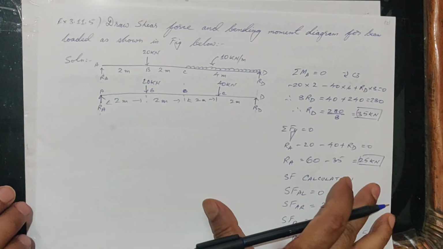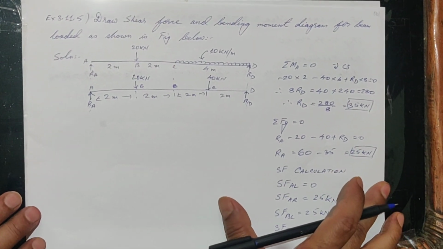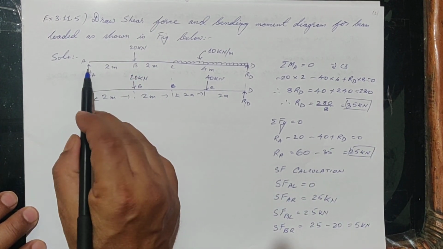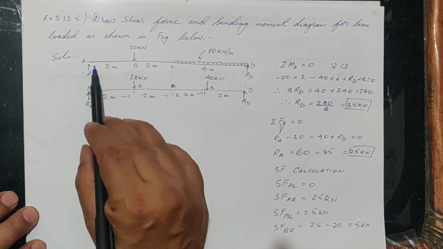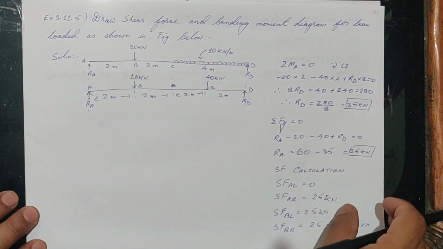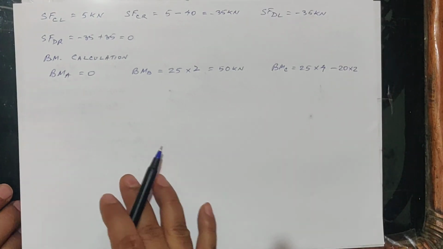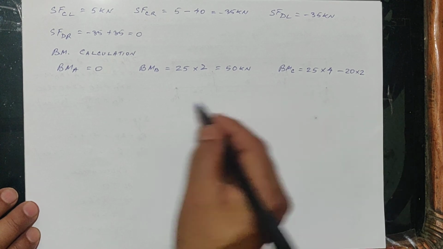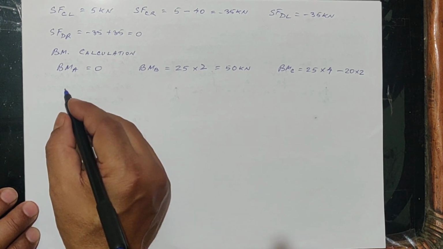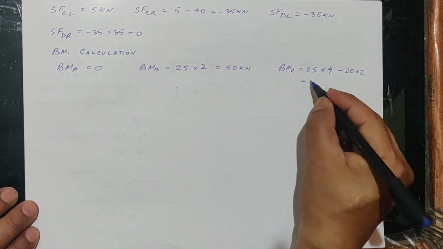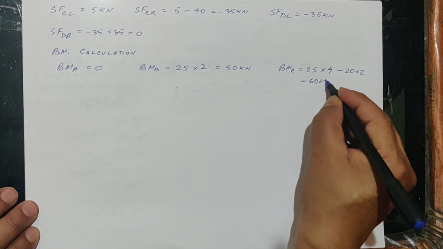We will see that. 25 multiplied by 4 from here, this distance, and 20 multiplied by this distance from C. Now, this comes to 60 kilonewton.